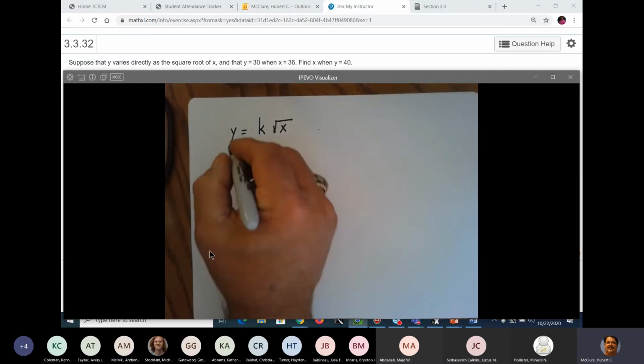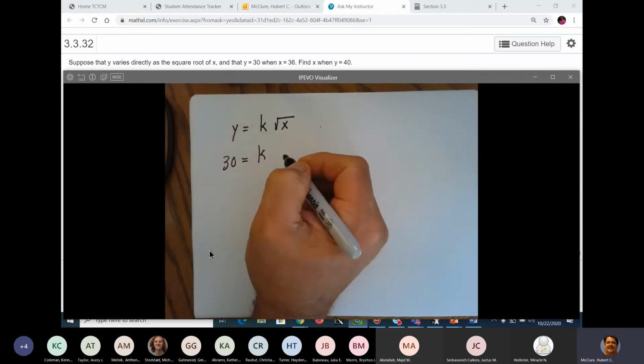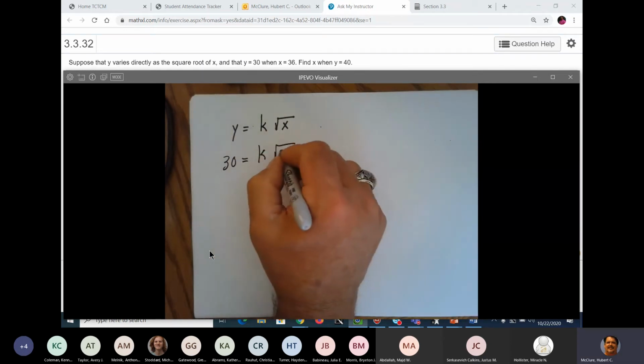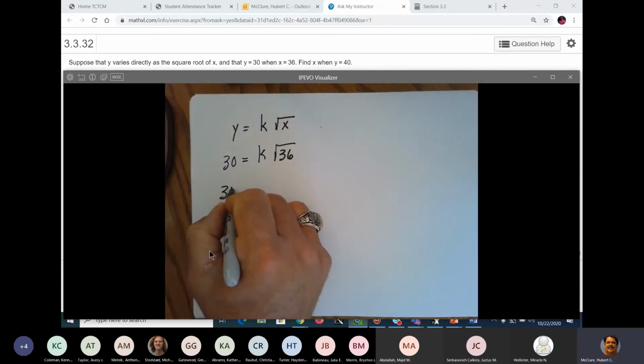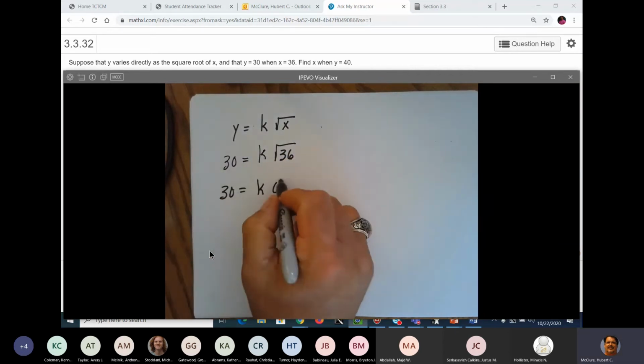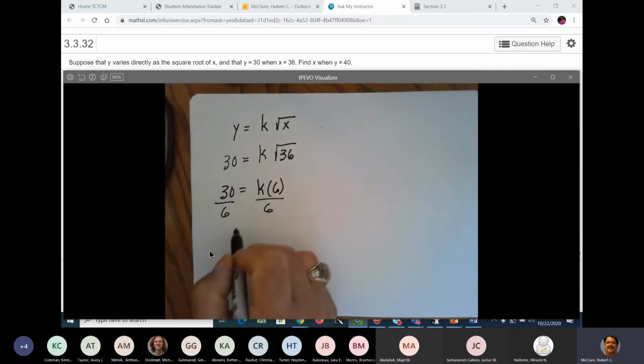Y is equal to 30, and x is equal to 36. 30 is equal to k times 6. Divided by 6, 5 is equal to k.